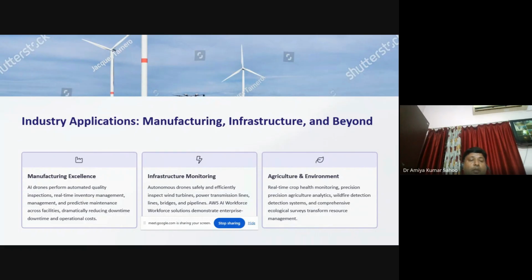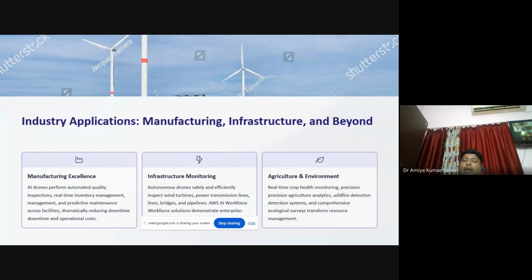The industry applications include manufacturing excellence, infrastructure monitoring, agriculture and environment. Real-time crop health monitoring, precision agriculture analytics, wildfire detection systems, and comprehensive ecological surveys transform resource management.